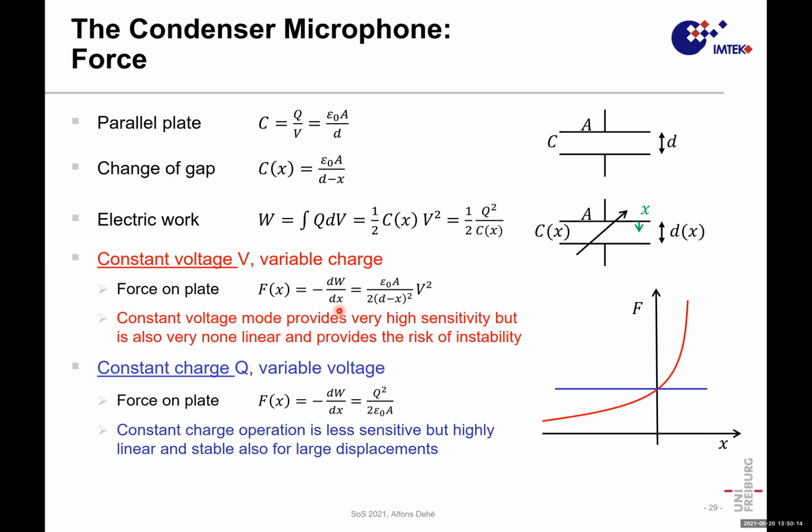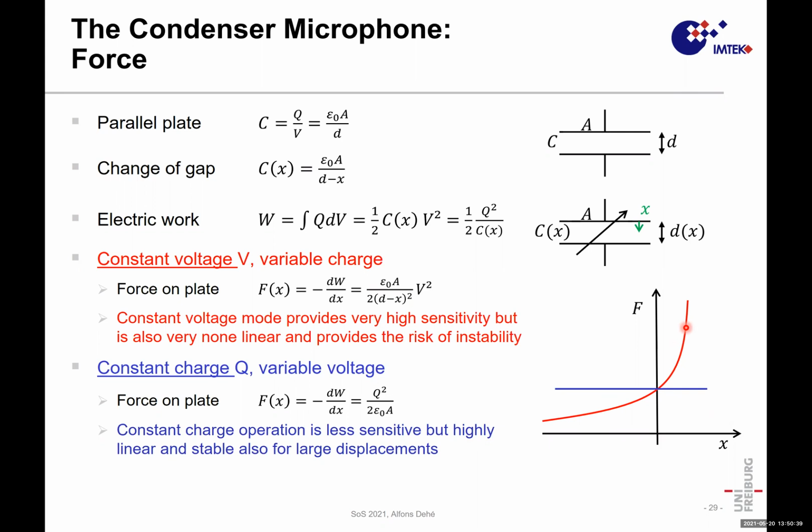And I take then for constant voltage this formula, and no wonder it is 1 over x. I get the squared version. So I get a force which is nonlinear over displacement.